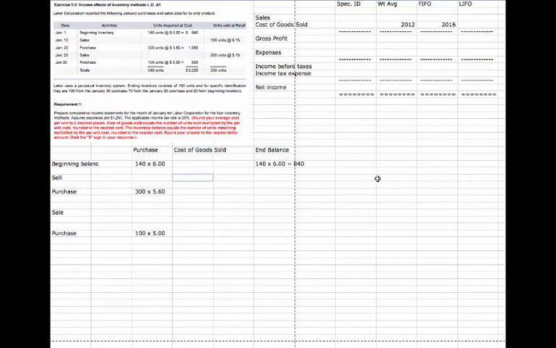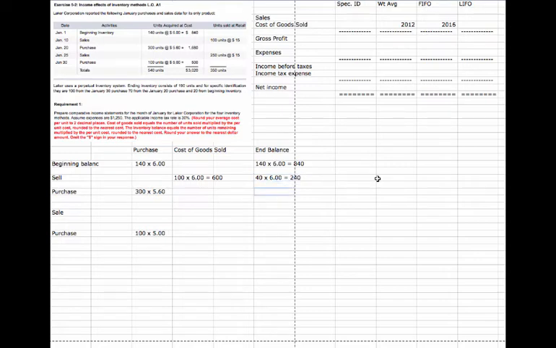Now, here with cost of goods sold, I sell 100 units times $6, which is going to give me $600 in cost of goods sold. How much is left? If I sold 100, I have 40 left times $6, which is going to give me $240 left.